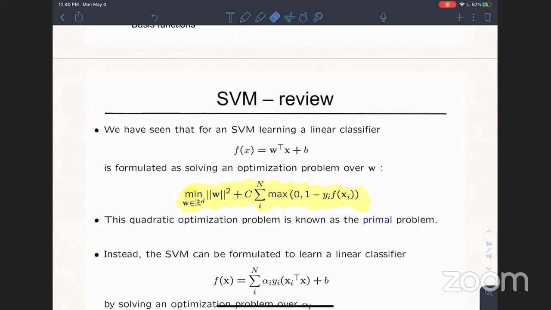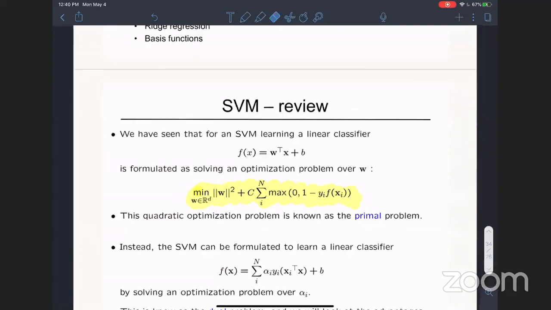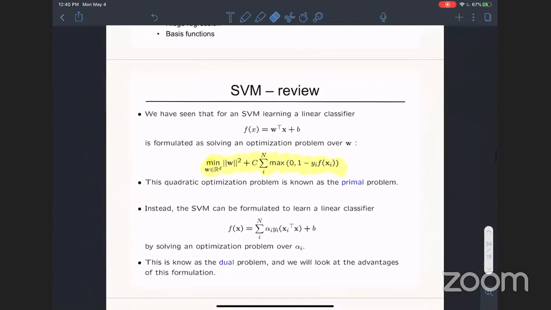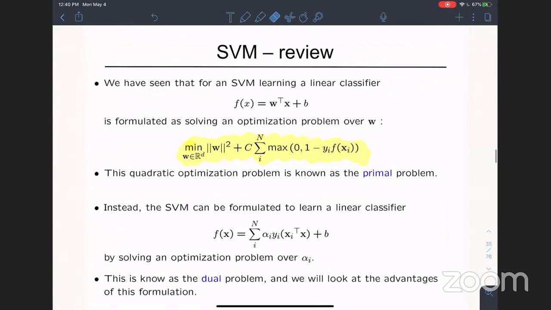So I'm trying to understand. To summarize everything, this is like an overview question. Let's say we are given a data set. We have a couple of positive points, a couple of negative points. In my understanding, first we find the two nearest points, which are support vectors in this case.